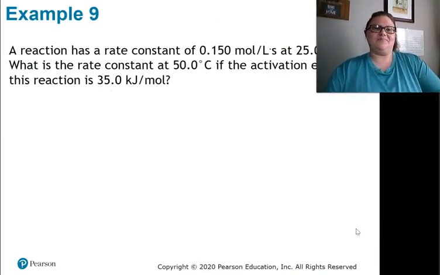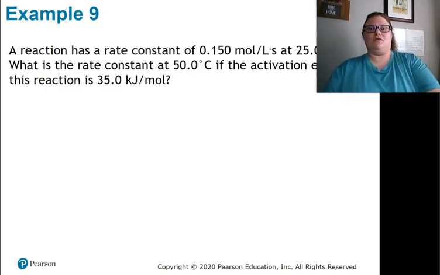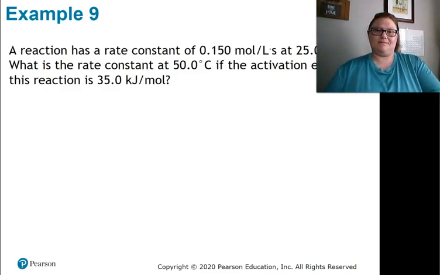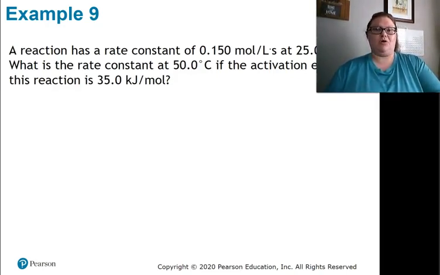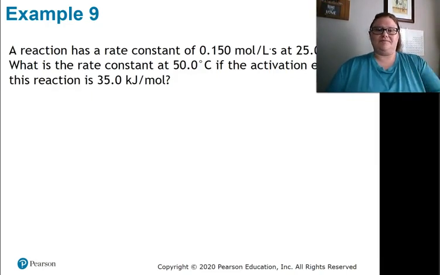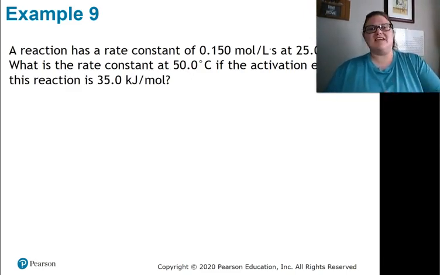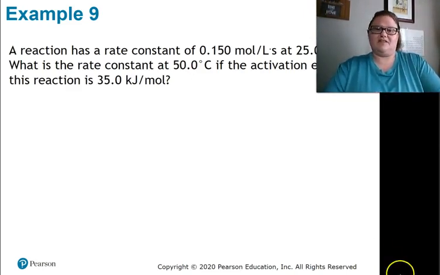Here's example 9. A reaction has a rate constant of 0.150 mole per liter per second at 25 degrees C. What's the rate constant at 50 degrees C if the activation energy is given as 35.0 kilojoules per mole? Okay, so now we're solving for the rate constant at an increased temperature, and we're given the activation energy to plug in for this example.